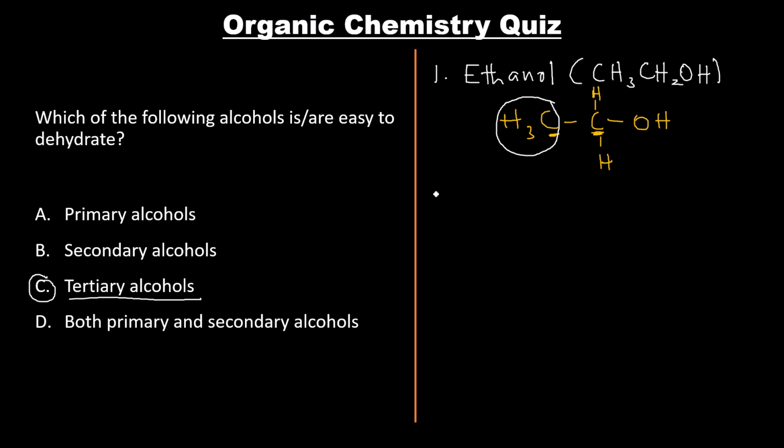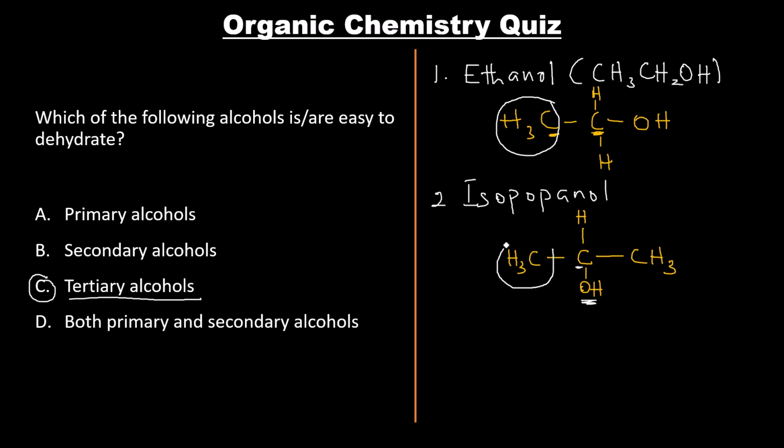Our second example, which is secondary alcohol, the example we'll pick is isopropanol. So this is isopropanol, which is a secondary alcohol. It is secondary alcohol because if you look at this particular carbon, which is attached to the OH group, it has two more alkyl groups attached to it. So you have these 1, 2 alkyl groups attached to this carbon.